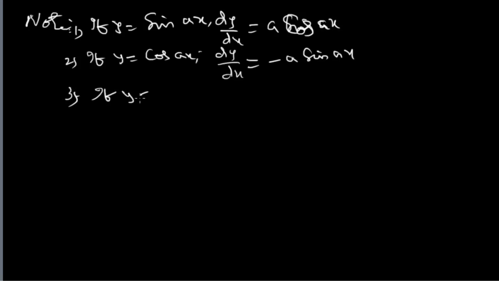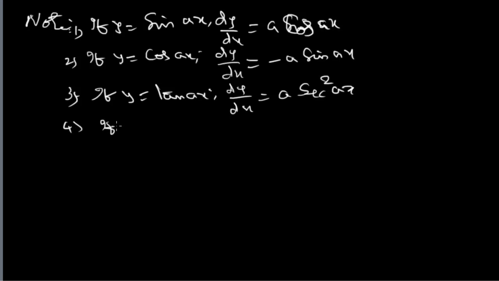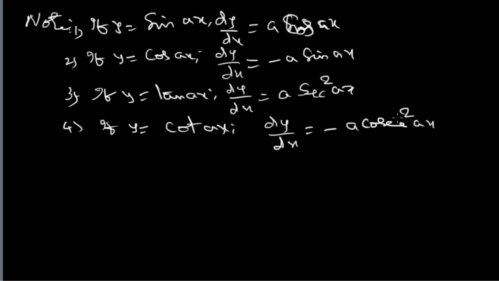y is equal to tan ax, dy by dx is equal to a secant squared ax. If y is equal to cot ax, dy by dx is equal to minus a cosecant squared ax.